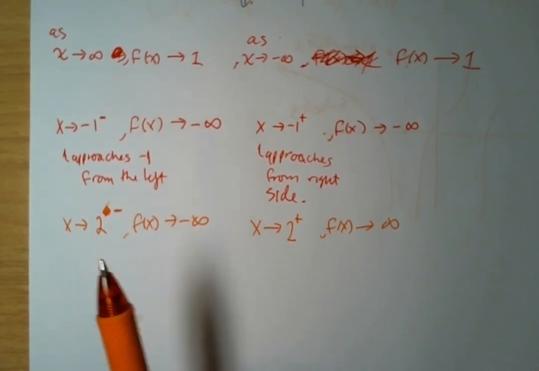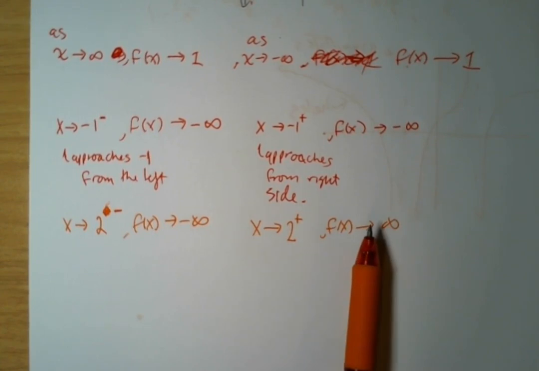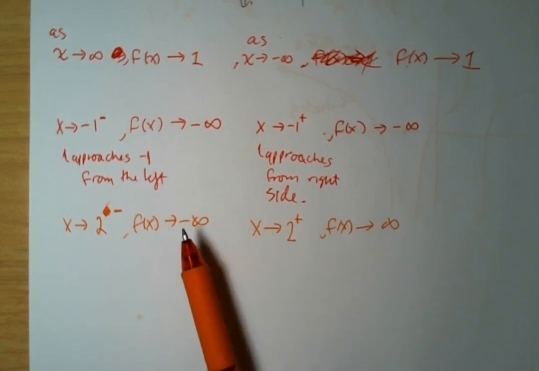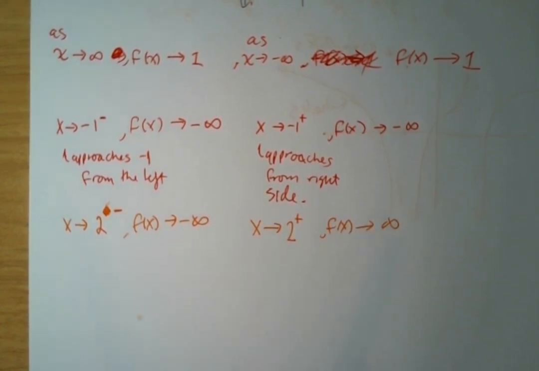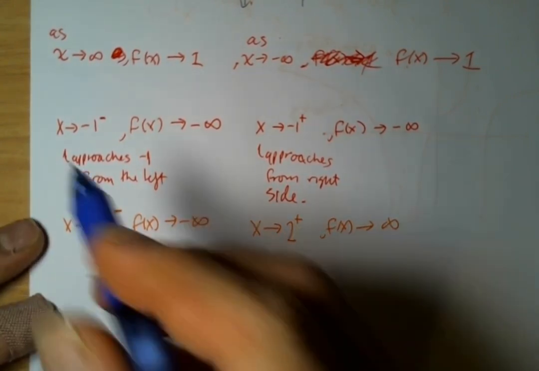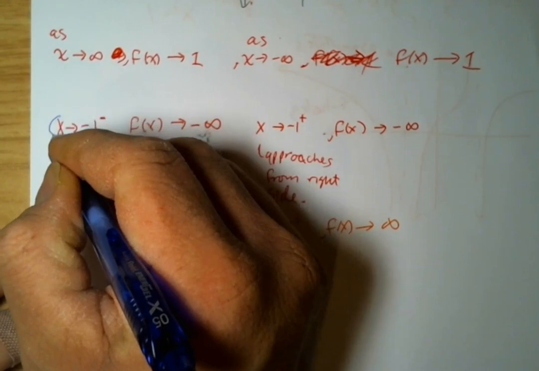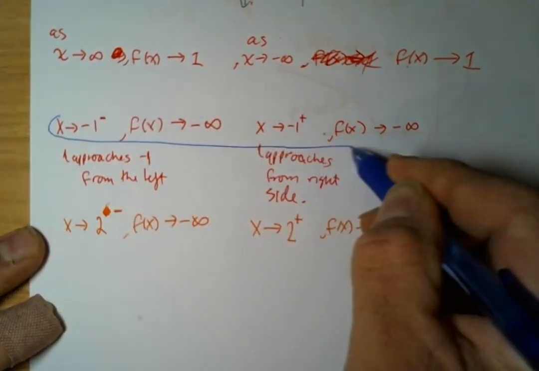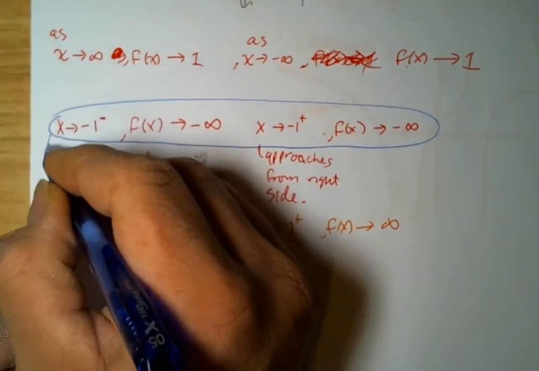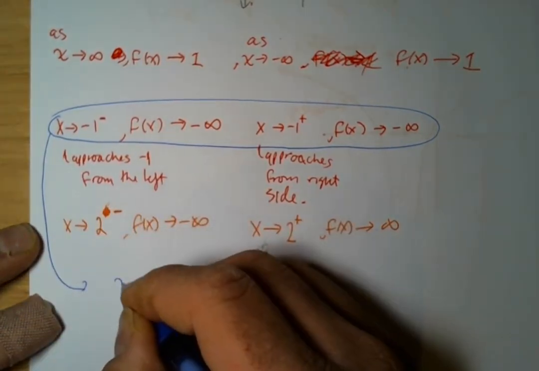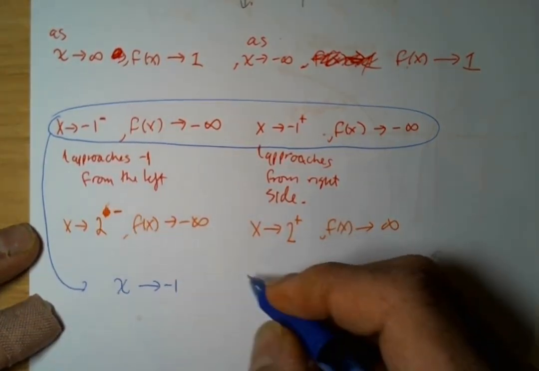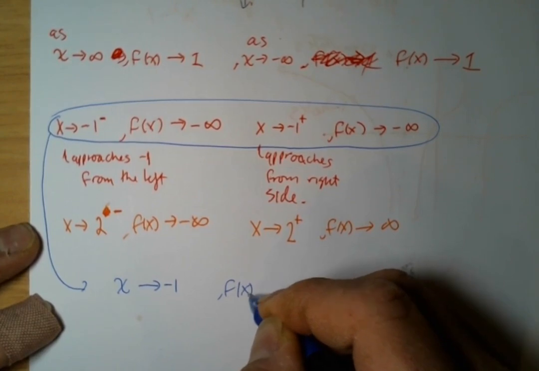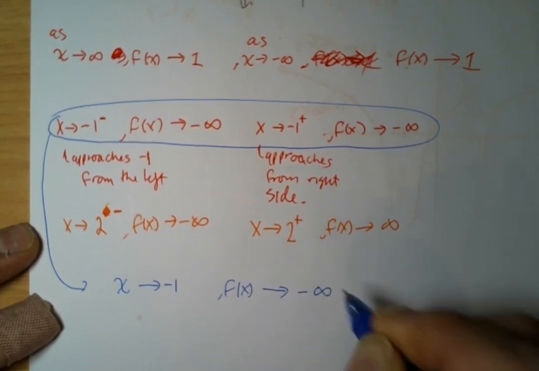So again, we're not necessarily guaranteed to have the same behavior on either side of the asymptote. Sometimes we do. When we have the same behavior, like for instance here, we can make the statement as x approaches -1, f of x approaches negative infinity.